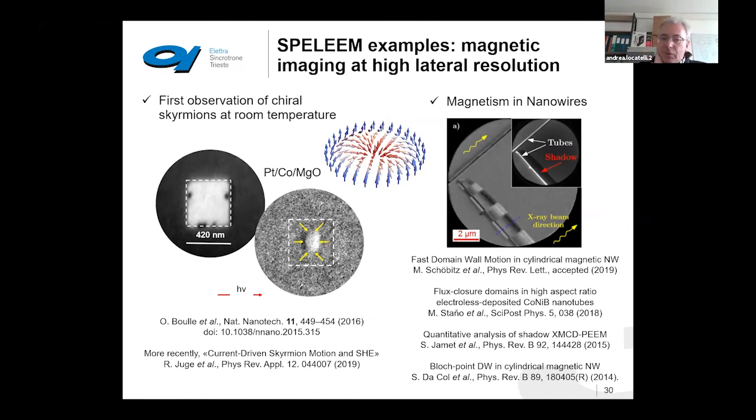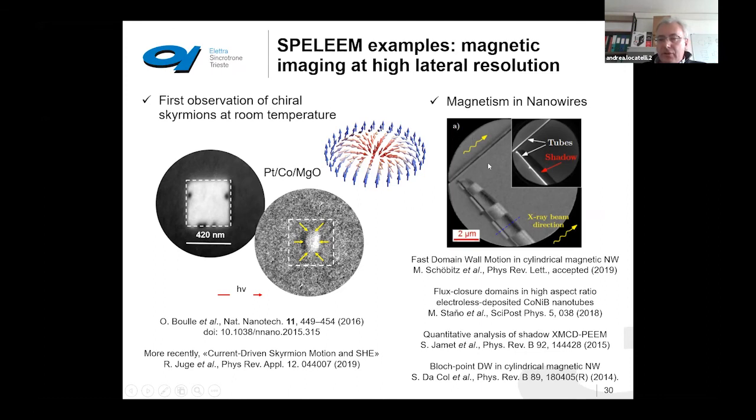In this way, by simply measuring images with opposite photon helicity, we can image the magnetic domain in a ferromagnetic material. I just want to mention that we measured the first stable skyrmion at room temperature. It was confined in this tiny structure composed by a 3-layer platinum cobalt on magnesium oxide, and it has a non-trivial magnetic structure that you can see here.